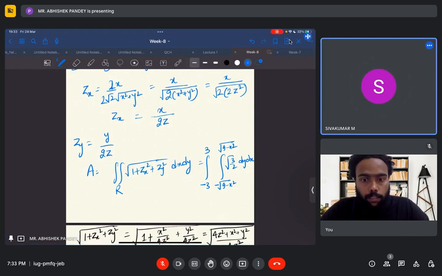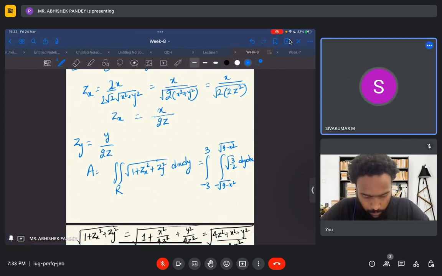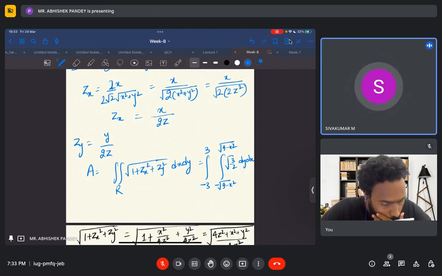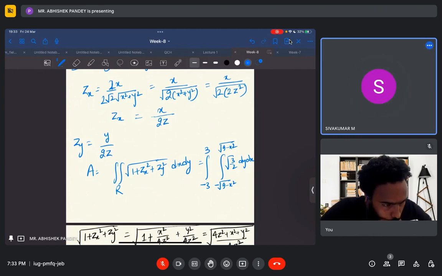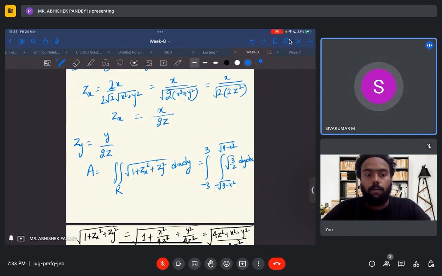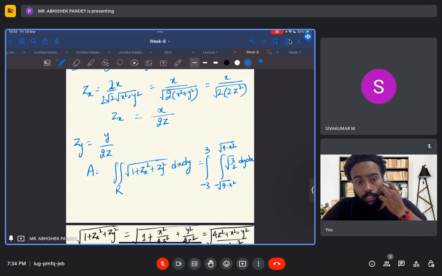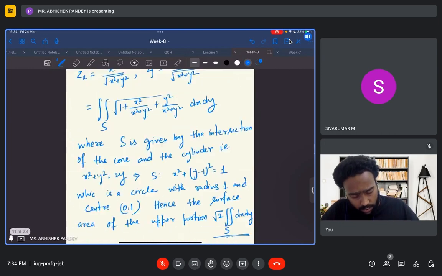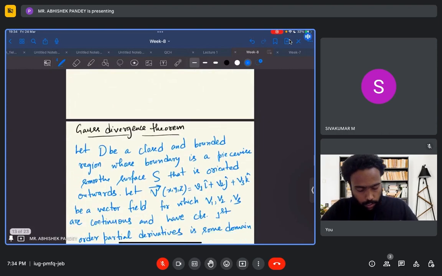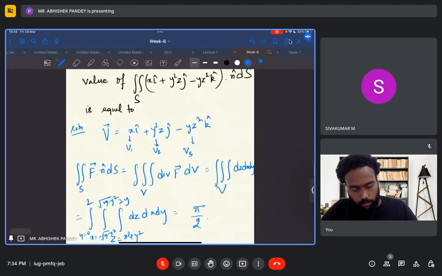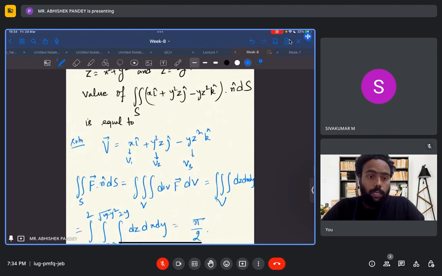Excuse me, sir. Can I ask one doubt? How to switch over the limits from Cartesian to polar? Is there any shortcut for a given region? Basically you have to see what the region is. If your region is not too complicated, then it is quite easy to convert Cartesian to polar.